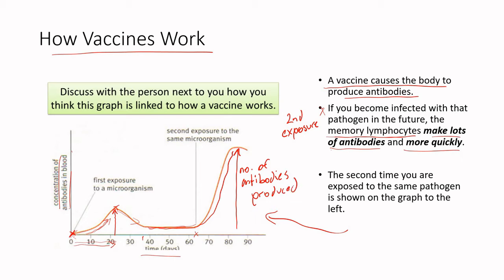Your body will fight this pathogen much faster because of those memory lymphocytes producing antibodies. The second time that pathogen comes back, we call that the second exposure. And when you compare it to the first exposure, far more antibodies are produced the second time around because of the memory lymphocytes. You won't get as sick, and this will fight the infection much faster than that first exposure.